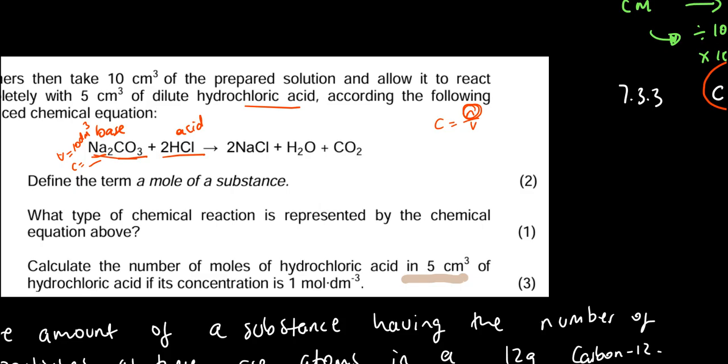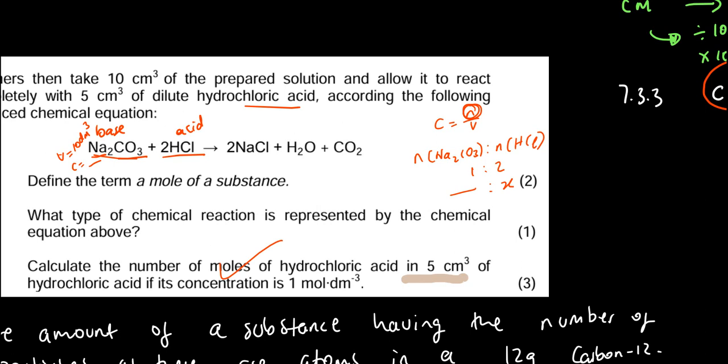Once you are done, you use the molar ratio: number of moles of sodium carbonate is to number of moles of HCl. The molar ratio will be 1:2. Then you use the number of moles you know for sodium carbonate, call the unknown X, and once you solve for X, it will be the number of moles of HCl. Then you will have answered the question.